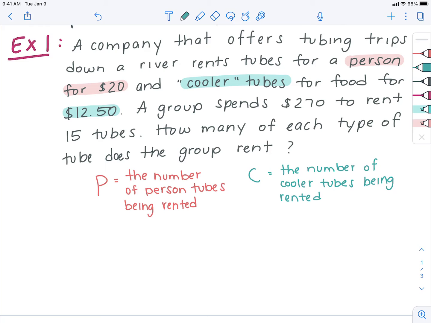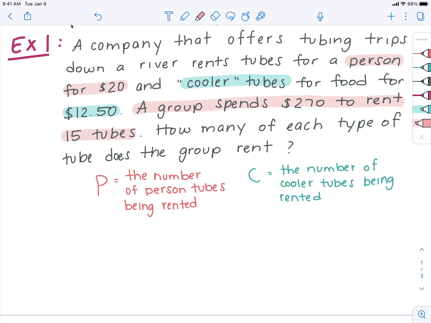So my next step, this is the trickiest one. This is where I have to write two equations because I have two variables. So I know I need a system of equations in order to solve it. I'm going to go back and say, okay, they told me a group spends $270 to rent 15 tubes.